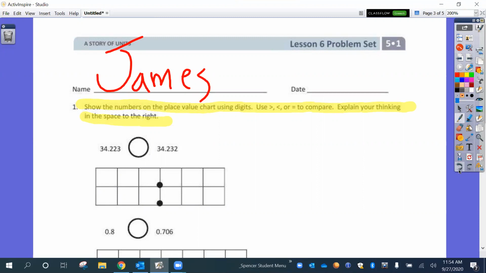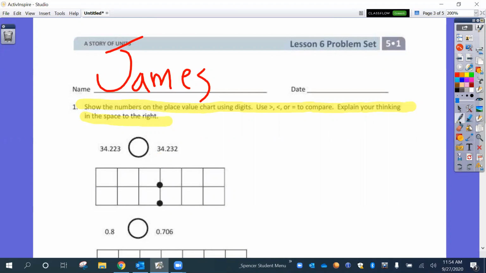So let's go ahead and start comparing numbers. Now, the best way to compare decimals, and I didn't talk about it in the concept development, but it happens when we're using place value charts, and it happens when we are lining up place values, but it ends up having the effect of lining up our decimal place. And if we line up our decimal place and work from there, then everything is always going to be aligned.